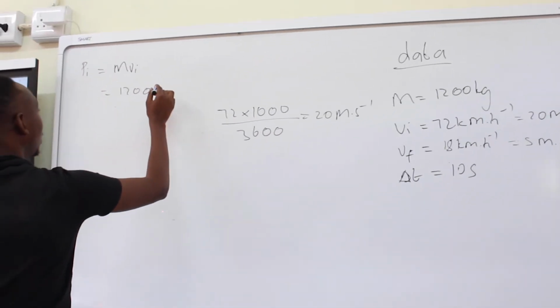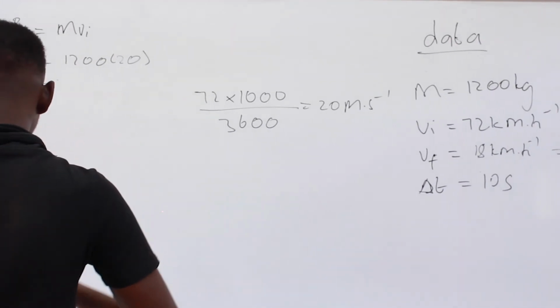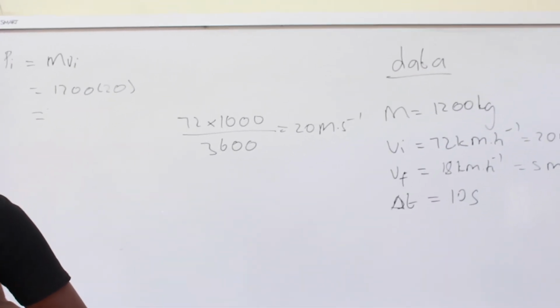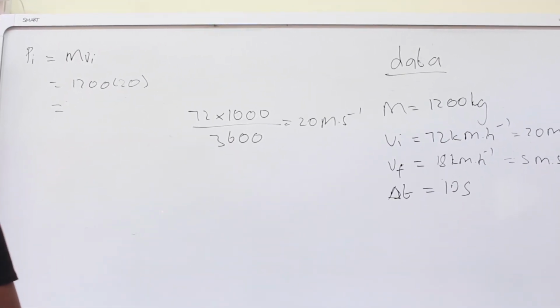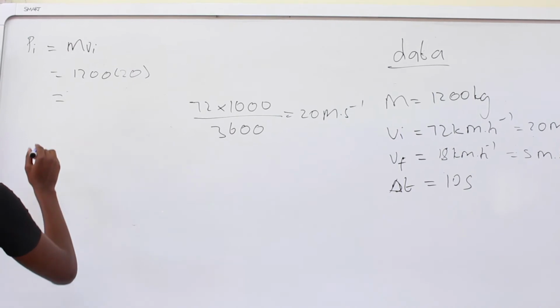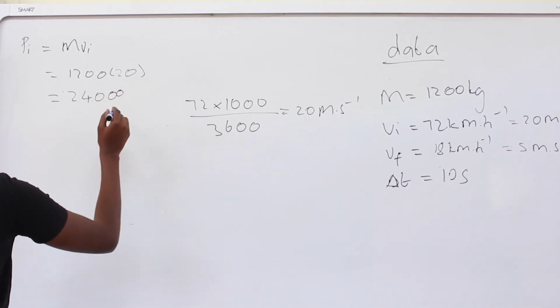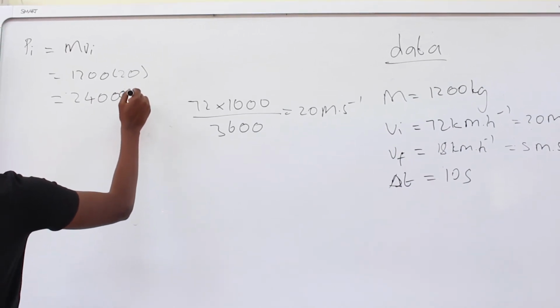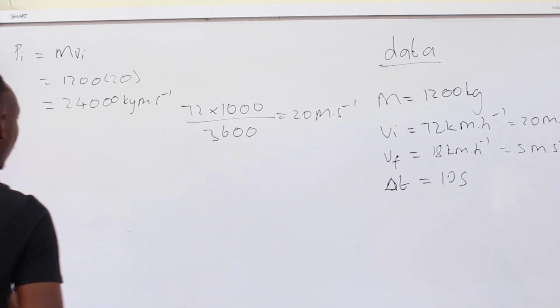Now you substitute 20 for the initial velocity. Press your calculator: 1,200 multiplied by 20 gives you 24,000 kg meters per second.